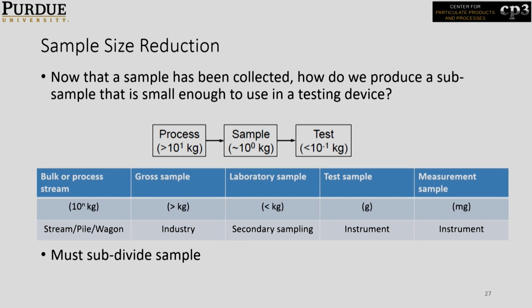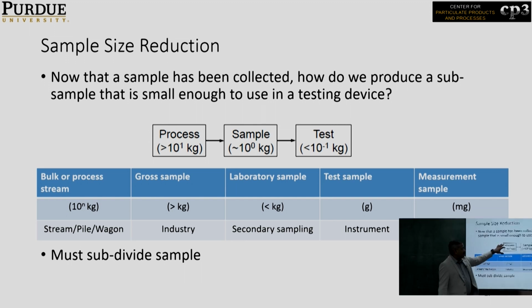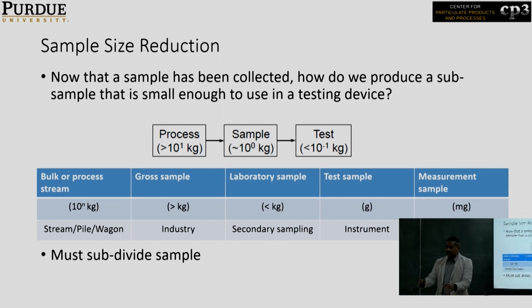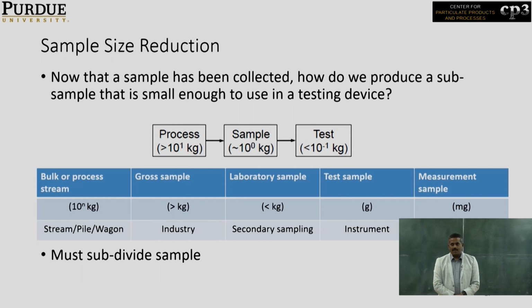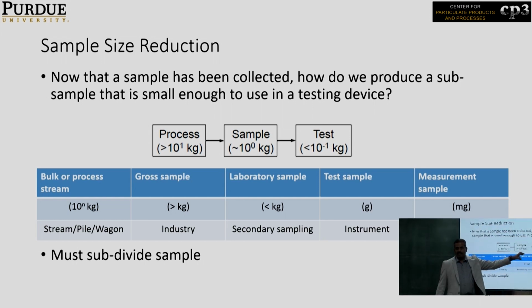So in general, when we are talking about process, going back to wheat flour milling, we will be manufacturing tons and tons of wheat flour, right? That's the process scale, but for analysis, we might bring some in sample scale, right? Tens of kilograms or a small tote bag, right? But when we use it for testing, we take a very small amount, right? For example, for particle size, you take 2 grams from those tens of kilograms, right?